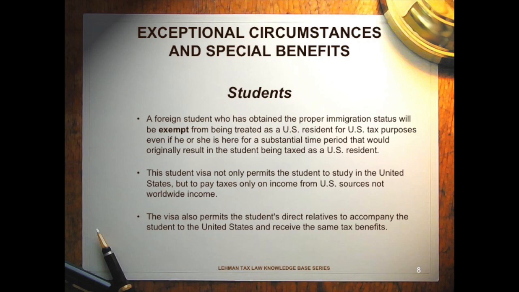Now, this student visa is prone to abuse because you can bring family members with you. So you can have a family member who is coming here as a student, a wife is coming here as a student, and her husband is allowed to come here, and her husband is not going to work in the United States, but her husband has holdings all over the rest of the world.